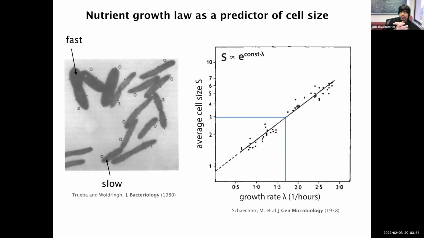This is the same sort of idea as in the initial days of astronomy. They were just looking at data and trying to find relationships between variables, and the field emerged like that. Here is the cell size law, which says that average cell size increases with growth rate exponentially.